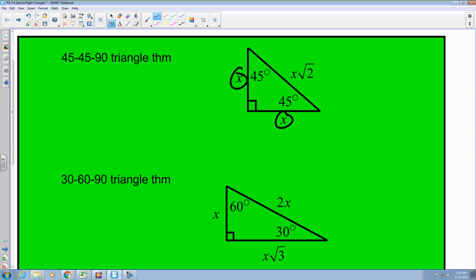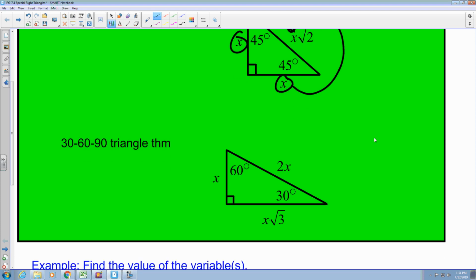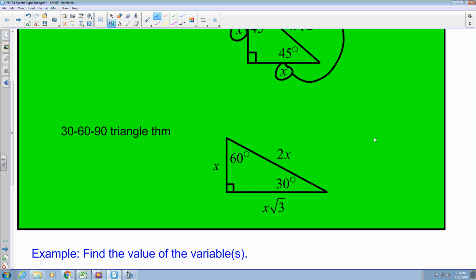Now what the theorem does is this. Those values of x are also going to be attached to the hypotenuse, I'm sorry. And whatever value of x that happens to be, it's also going to be multiplied by the square root of 2.